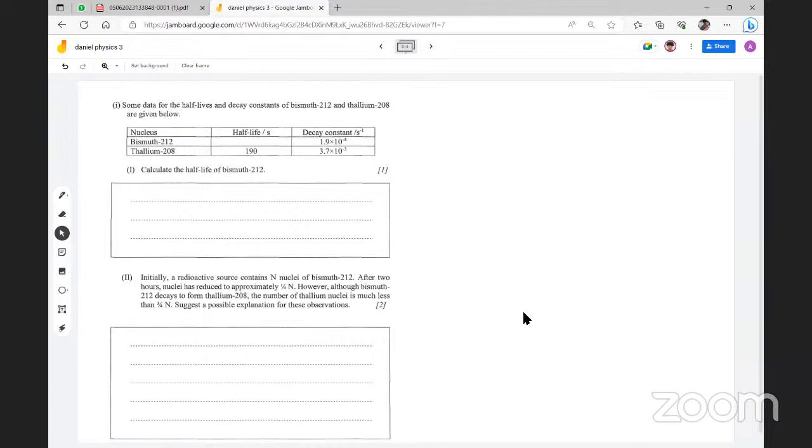Definition of half-life. No, let's not do that. You do that yourself. Can we just skip that? Calculate the half-life yourself. Okay. Let's do the calculation. Let's do C. Calculate the half-life.